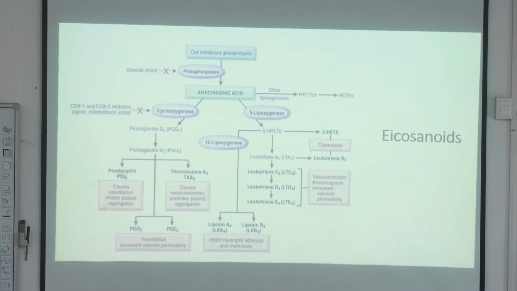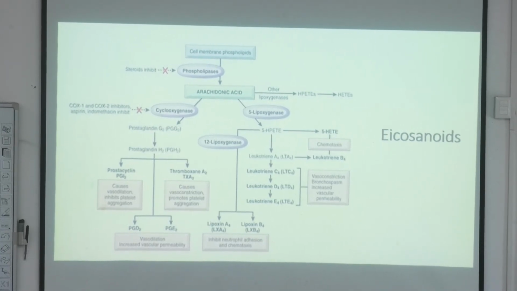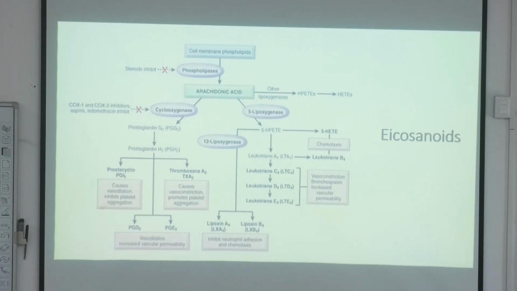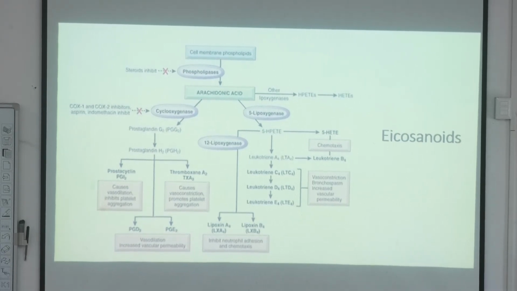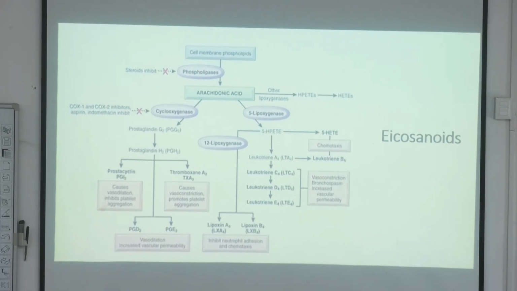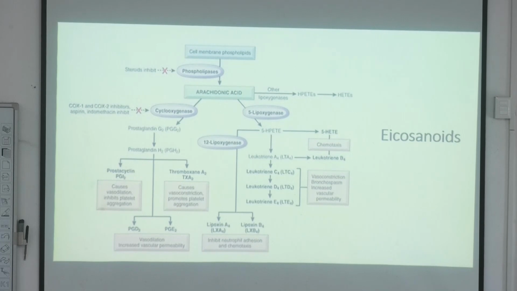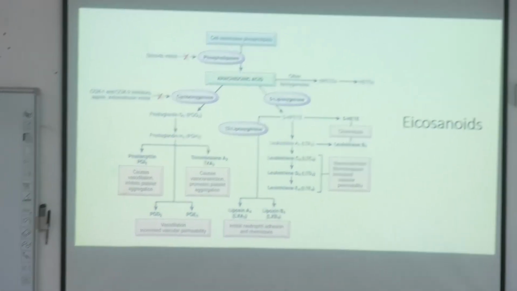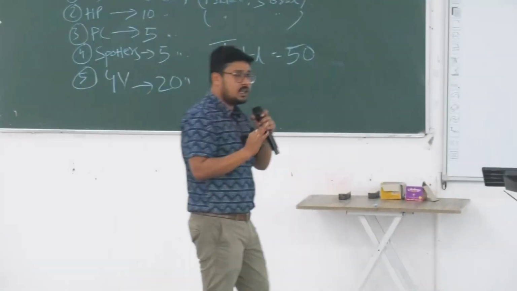Vasodilatation is attributed to prostaglandin and prostacyclin, but thromboxane A2 has a vasoconstrictor effect. Procoagulant effect is attributed to thromboxane A2, but anticoagulant effect is attributed to prostaglandin and prostacyclin.